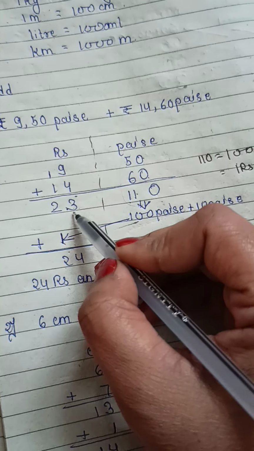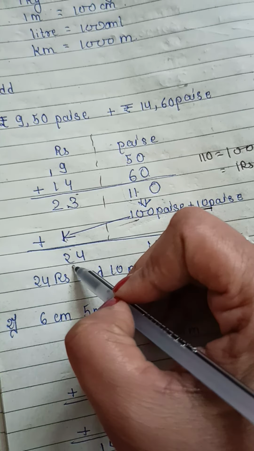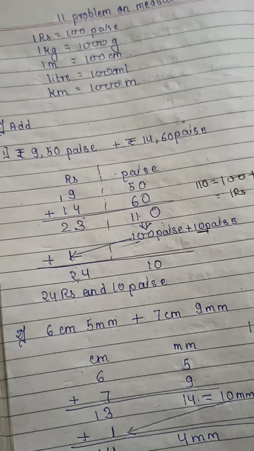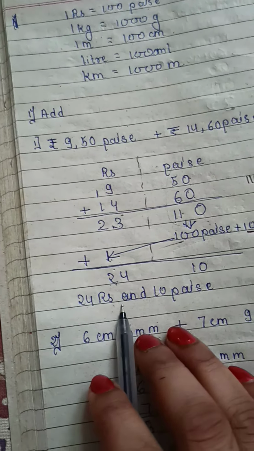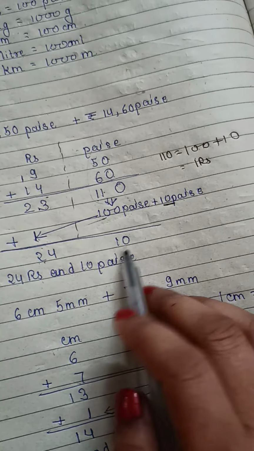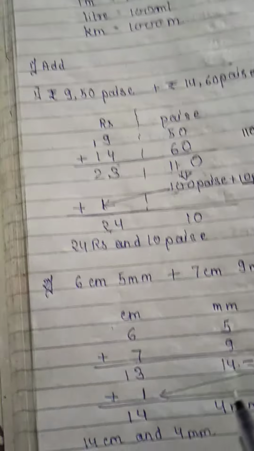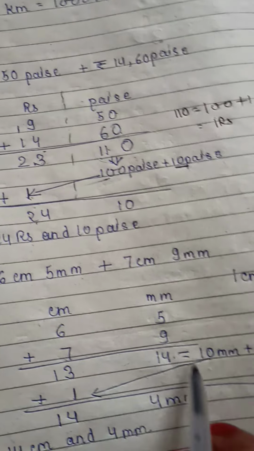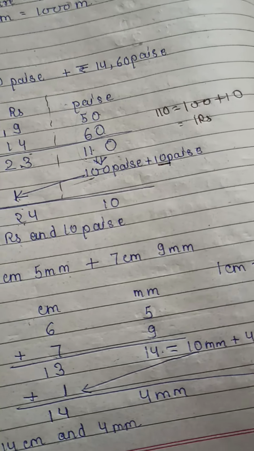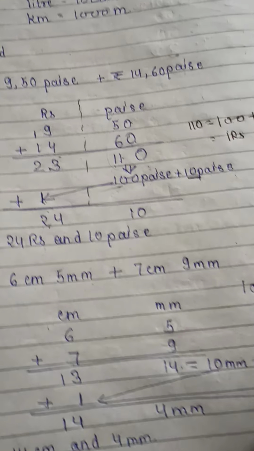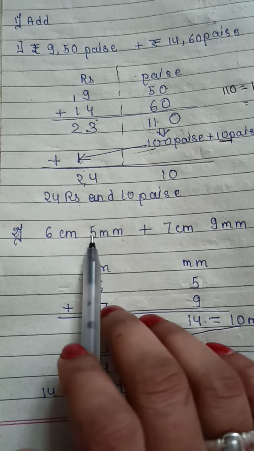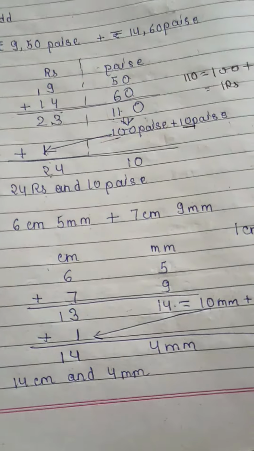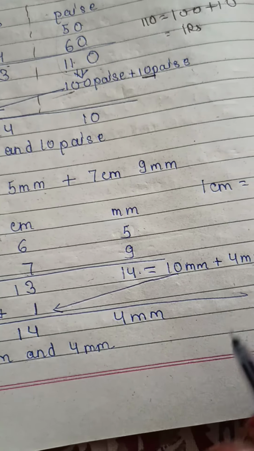So 23 rupees plus 1 rupee equal to 24 rupees. So how many rupees will it become? 24 rupees and 10 paisa. Understood? Always keep in mind, if this side is greater than the unit, you have to add here. Okay, so now 6 centimeter 5 millimeter plus 7 centimeter and 9 millimeter.